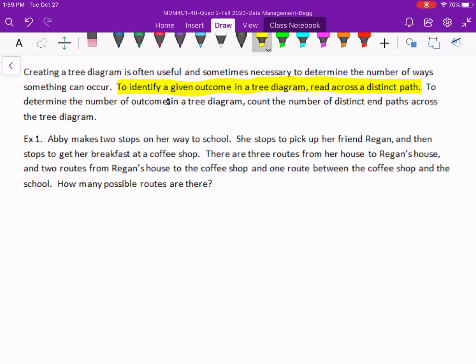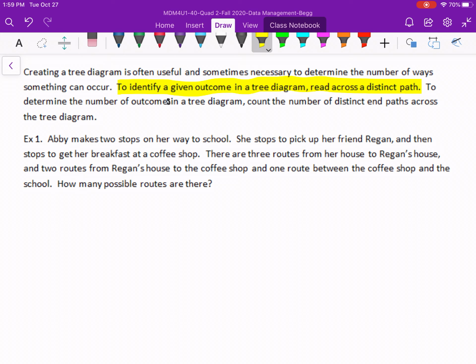To determine the number of outcomes in a tree diagram, we count the number of distinct end paths across a tree diagram. So again, once we get to the last stage of a tree diagram, we can then just count up the distinct paths. Let's look at a couple of examples just to illustrate some of the work that we do with tree diagrams, or could do.